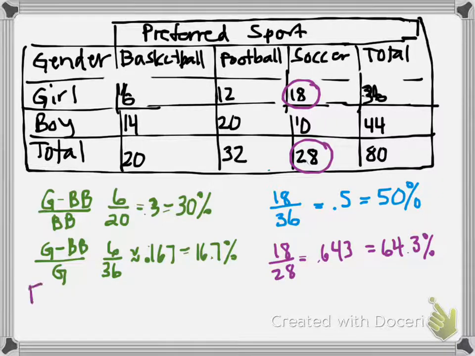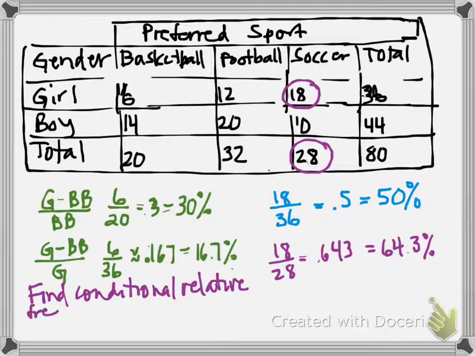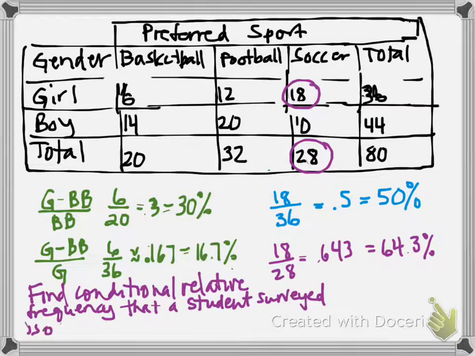We're going to find the conditional relative frequency that a student surveyed is a boy given that the student prefers basketball.